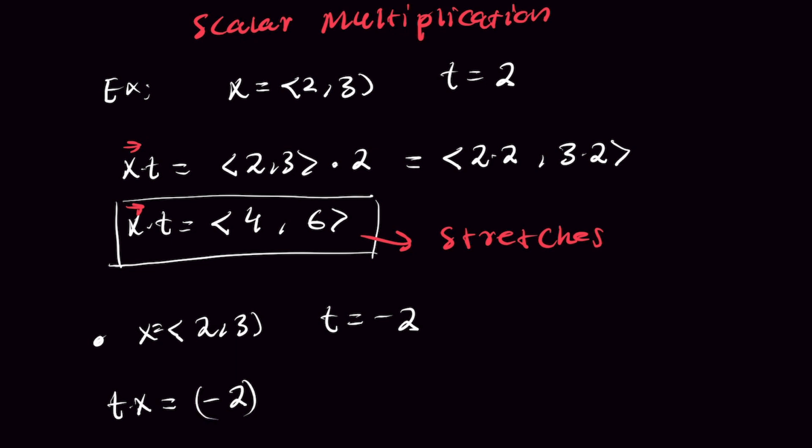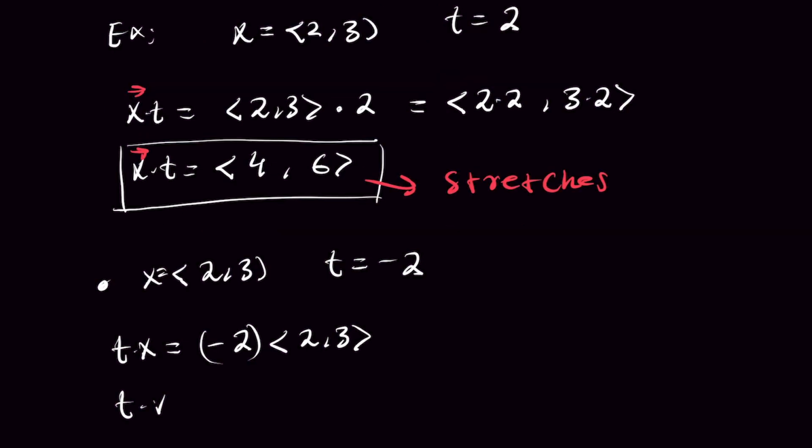Minus 2 times vector x, which is 2 and 3. So minus 2 times 2 is equal to minus 4, and minus 2 times 3 is minus 6.